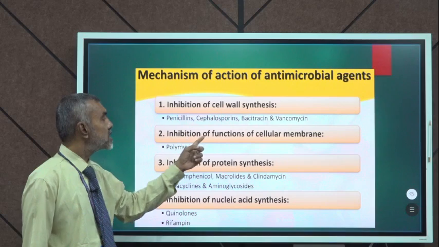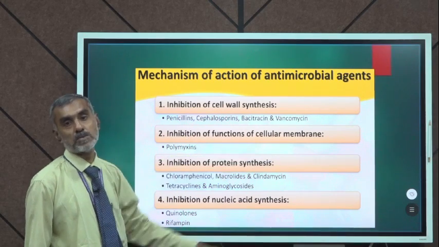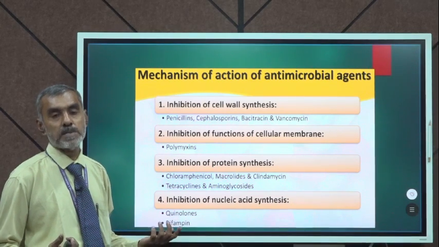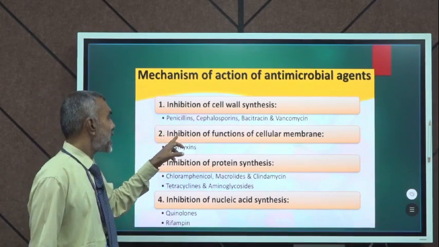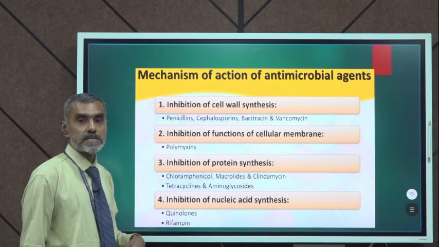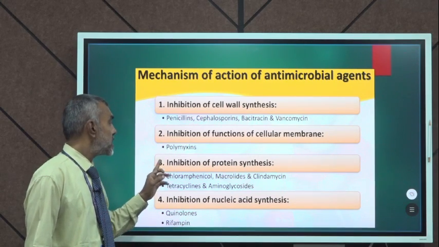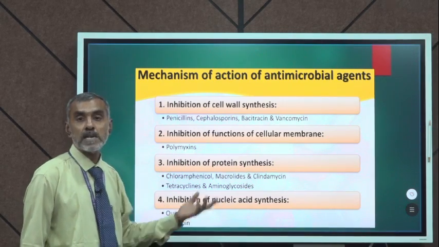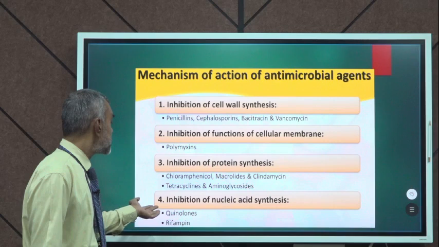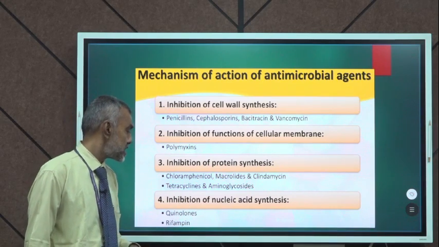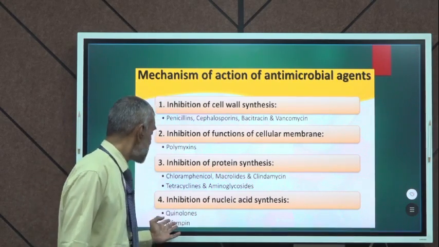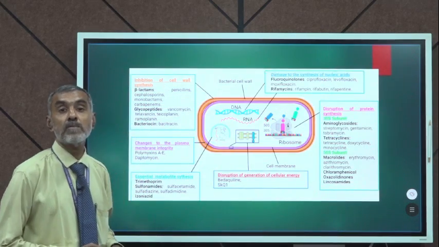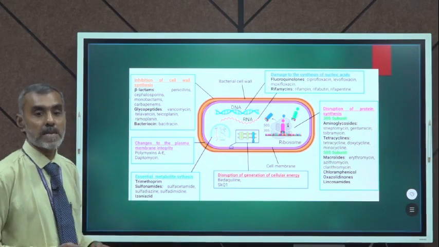Second is inhibition of function of the cellular membrane, which may increase or decrease the permeability of the cytoplasmic membrane, for example polymyxins. The next category is inhibition of protein synthesis, for example chloramphenicol, macrolides and clindamycin. And next is inhibition of nucleic acid synthesis, for example quinolones and rifampicin. So, these 4 major mechanisms are involved in controlling microorganisms in the clinical field.